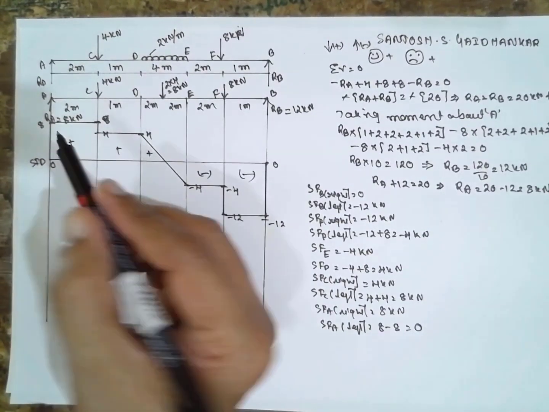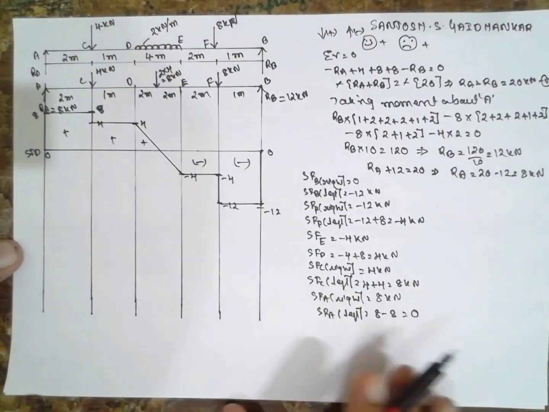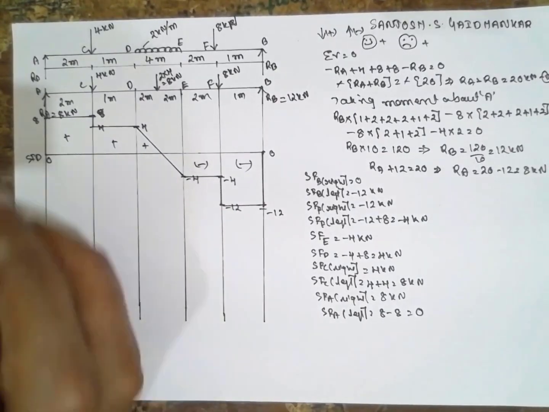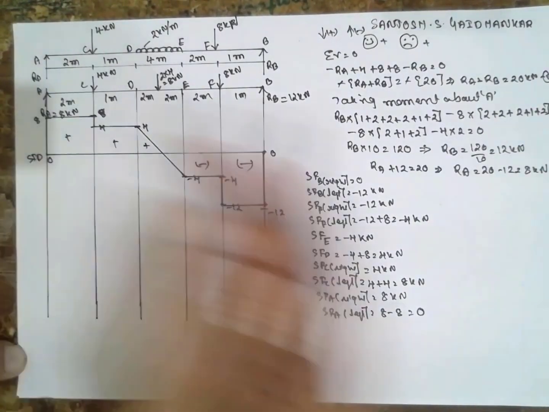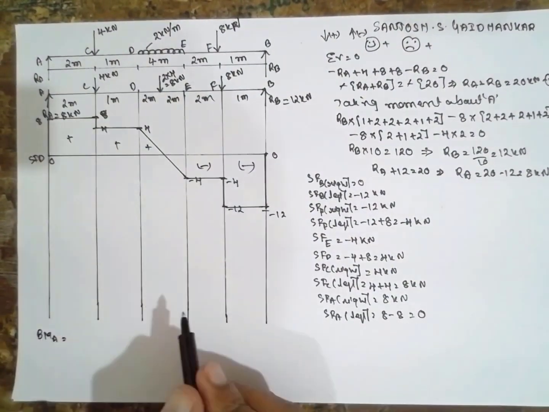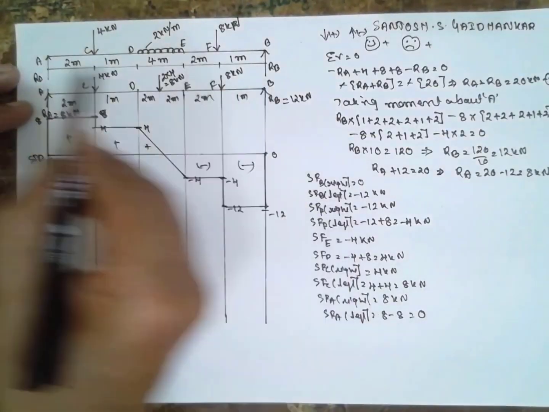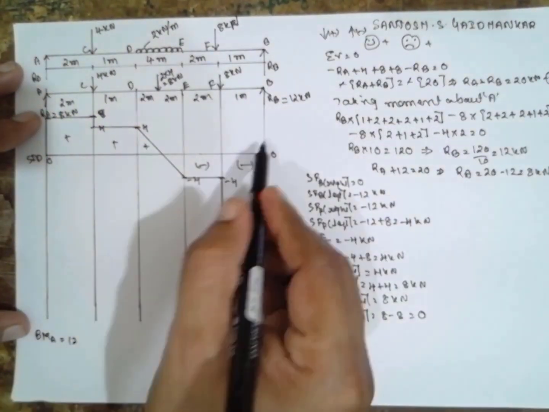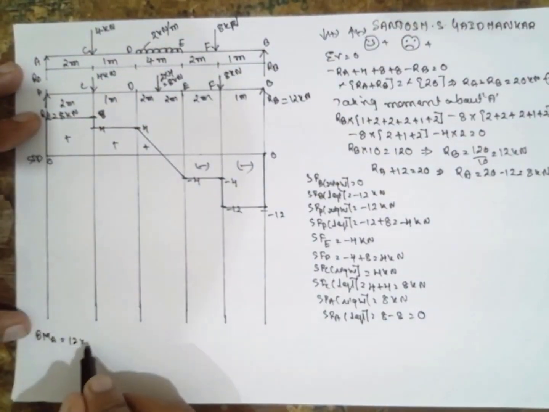Now we are going for bending moment. Bending moment at A. I will take from the left side. Bending moment about A. RB we know 12. 12 into total distance. Total distance will be 10.